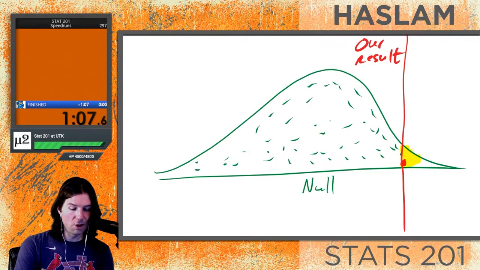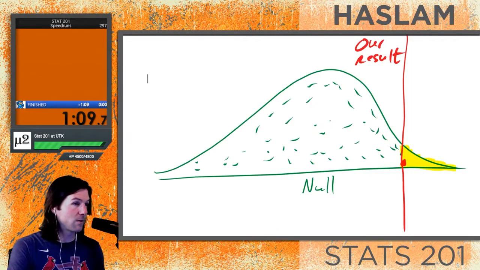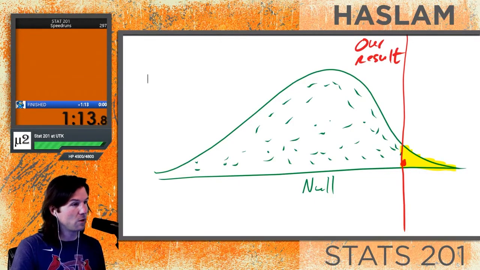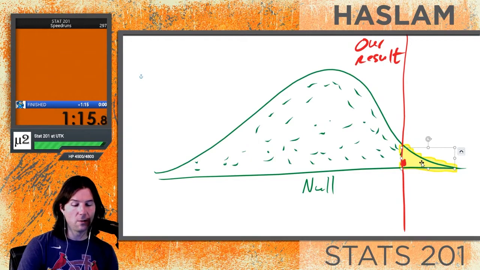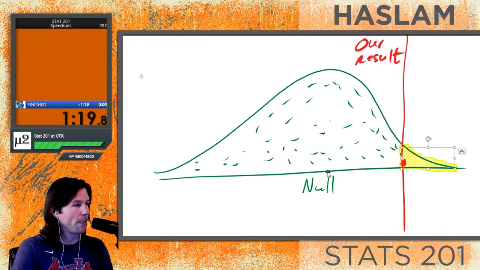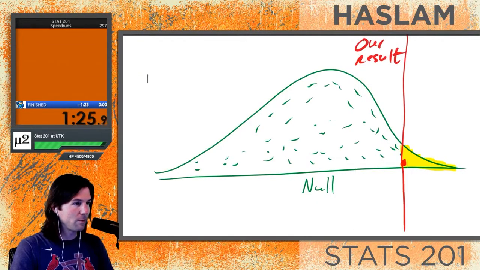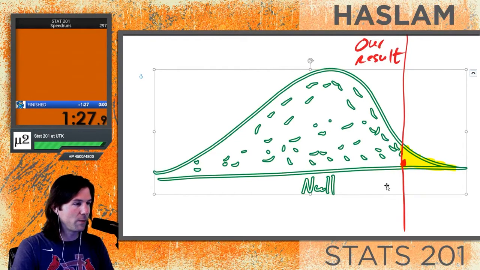The way we know how to shade is the sign of the alternative. Check out the last video to know how to shade which side. So we're going to say, what is the probability of our result or a result more extreme occurring by random chance, because any of these dots could appear, given the null is true.